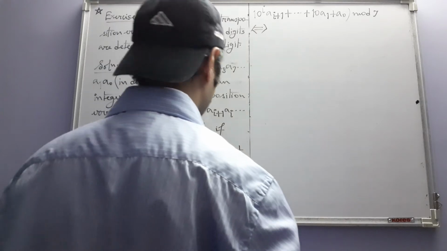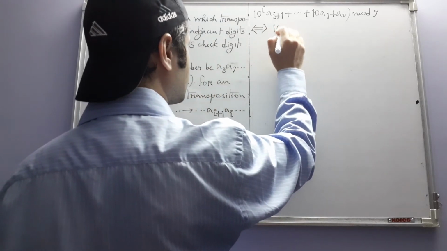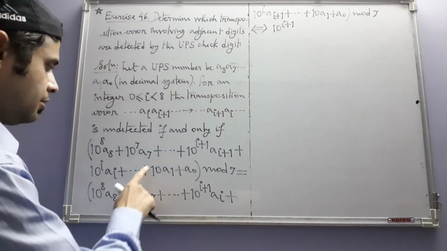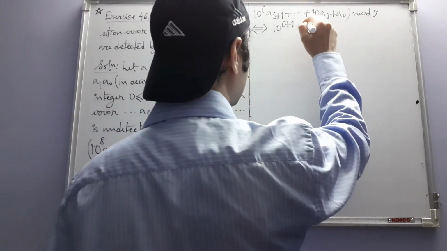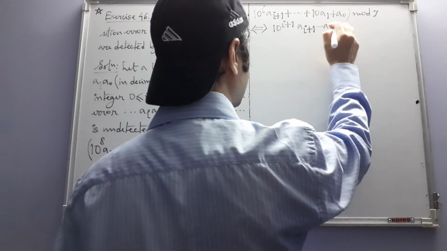This equation is equivalent to 10 to the power i+1, here we have A_{i+1}, here we have A_i, A_{i+1} minus A_i.